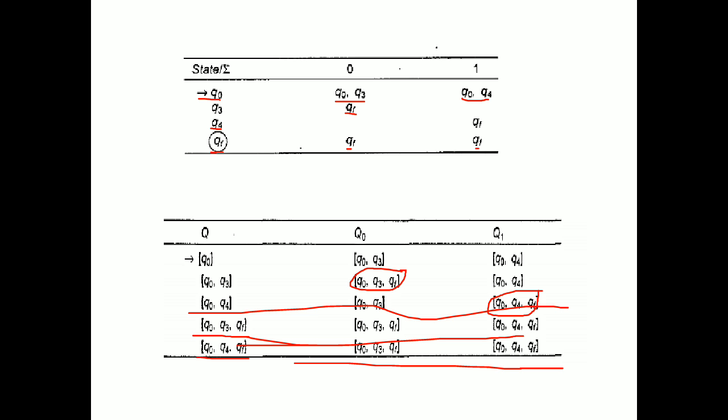Similarly for Q0Q4, for 0 input we get Q0Q3 and for 1 input Q0Q4QF. Then again we get two new states, Q0Q3QF and Q0Q4QF. Combining the states of Q0Q3QF, under 0 we get Q0Q3QF, and under 1 we get Q0Q4QF. Similarly for Q0Q4QF we get the combined transition.